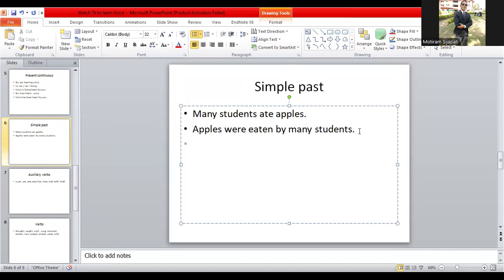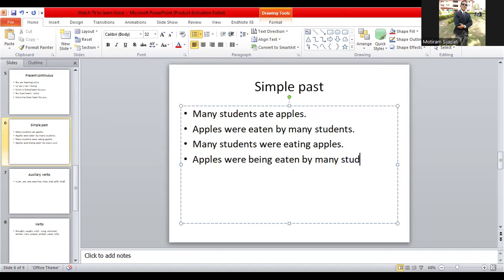Now what tense are we going to talk about? Past continuous. Many students were eating apples. Here, apples were being eaten by many students. This is past continuous tense.